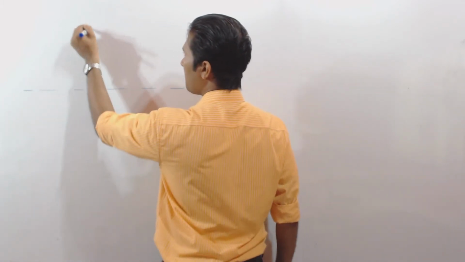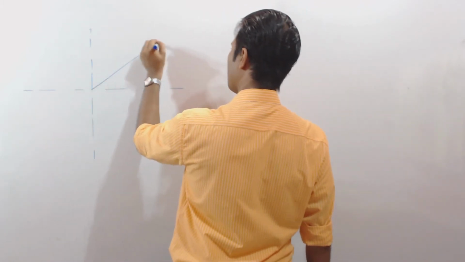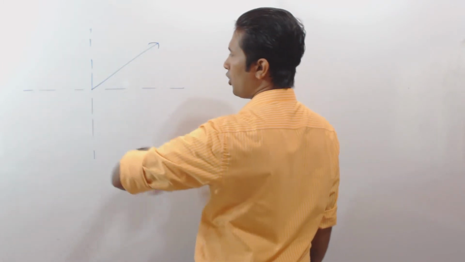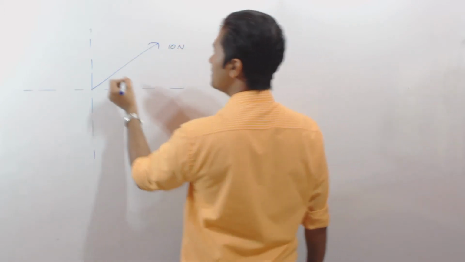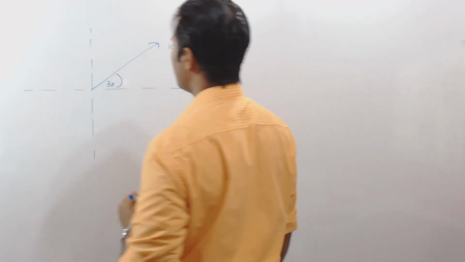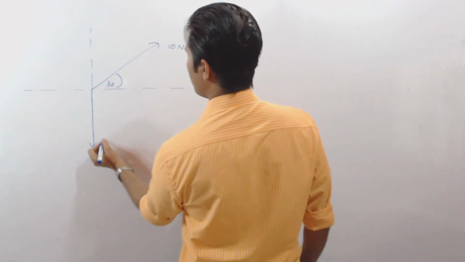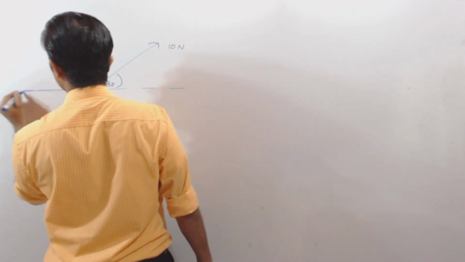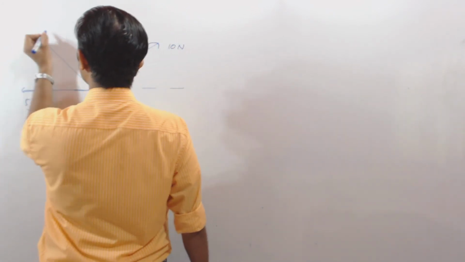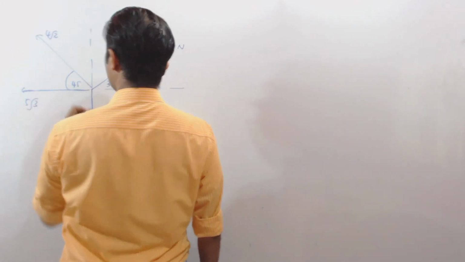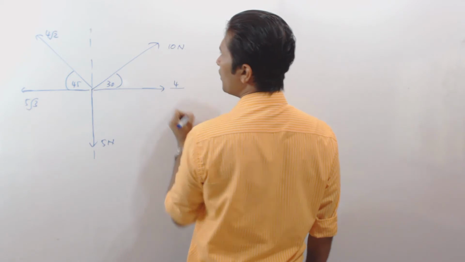For example, when you are given coplanar forces just like this: 10 newtons, this is 30, this is 5 newtons and 5 root 3, 4 root 2, 45, this should be 4.